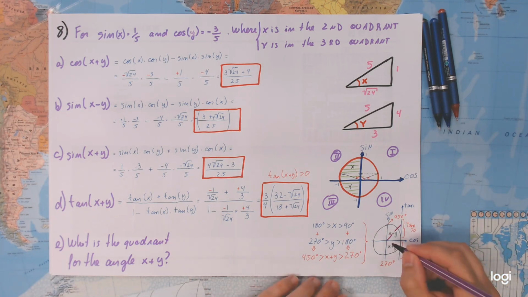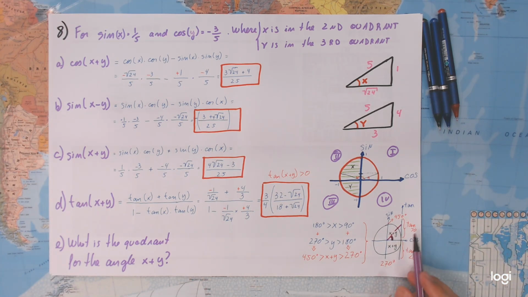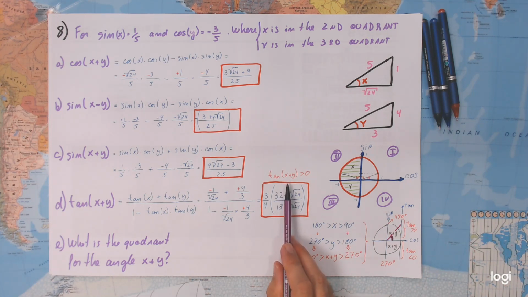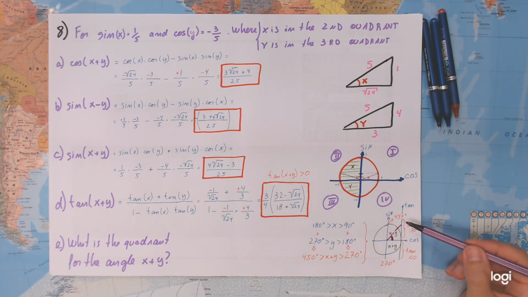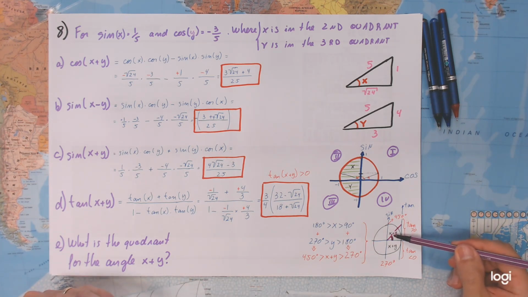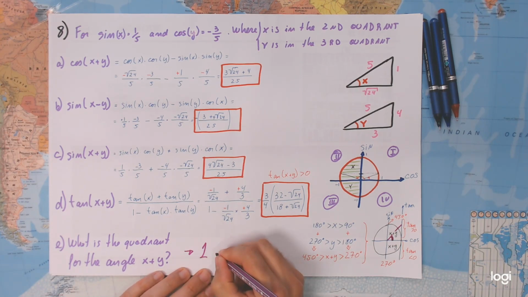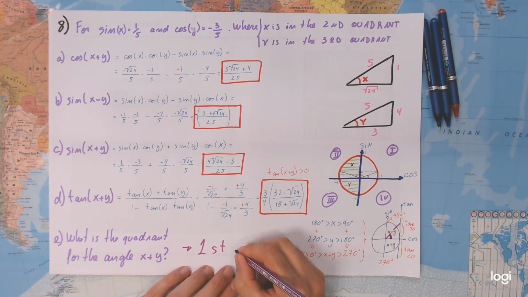Why? This is the angle that we are looking for. And why? Because we know that the tangent is positive. We also know that it must be in the first or in the fourth quadrant. So it must be in the first. Okay?